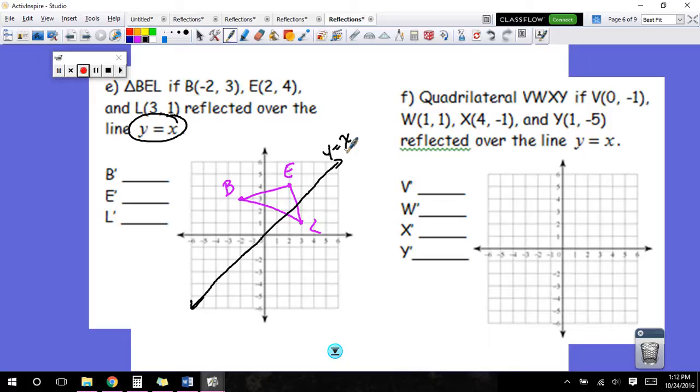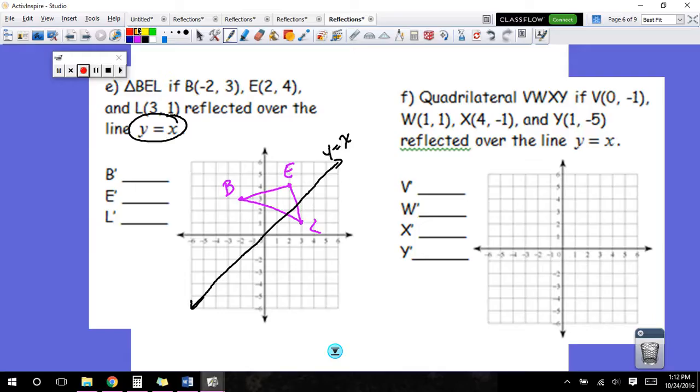Okay, so this one you can also count. You can use the patty paper, whichever way you want to do it. But you're not going to be able to count straight down like we did before. You'd have to count diagonally to the line of reflection. So let me show you what that looks like. Again, everything that's on one side is moving to the other and vice versa.